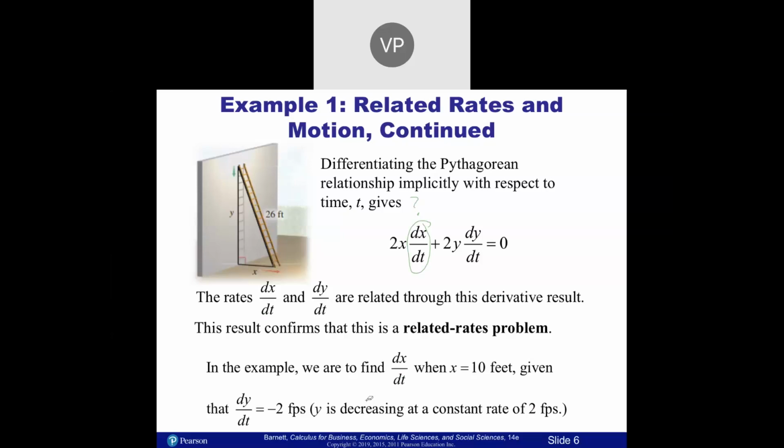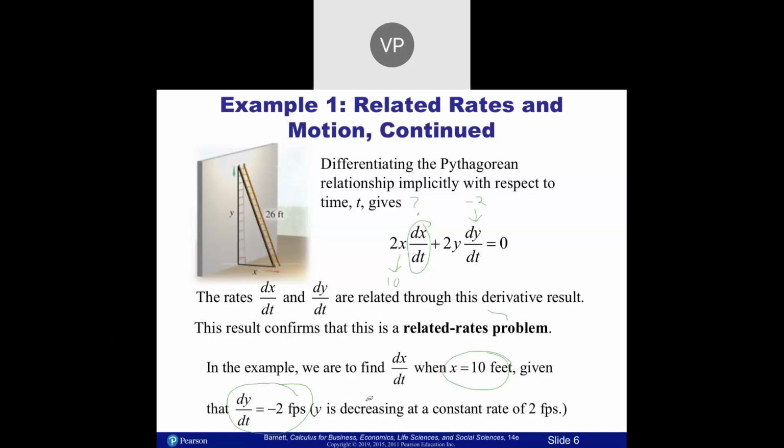They tell you x is 10. So we're going to plug in a 10 right there. And then they tell you the top of the ladder is going down. Remember, it's dropping at 2 feet per second. And here's the important part. It's going to be a -2 right here because it's a decreasing amount. y is getting smaller and smaller, so my dy dt is going to be a negative number.